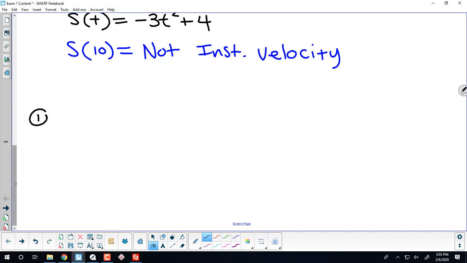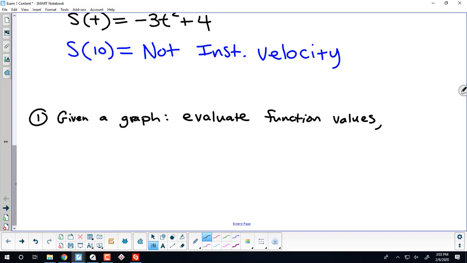One question where you're given a graph. Evaluate function values, limits, and discontinuities.